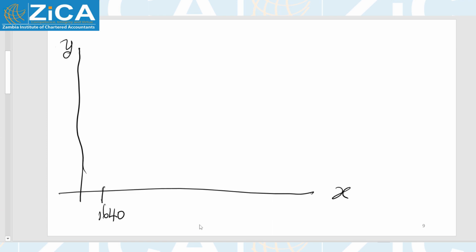So you can even take the 40, you can take the 25, and the scale will differ from individual to individual. So if you take, for instance, 1640 plus the 40, the next number there will be 1680, plus 40, the next number will be 1720, then 1760 plus 40, which will be 1800.